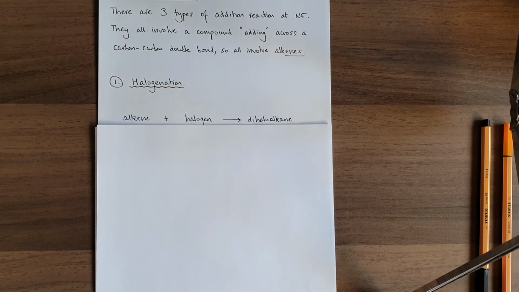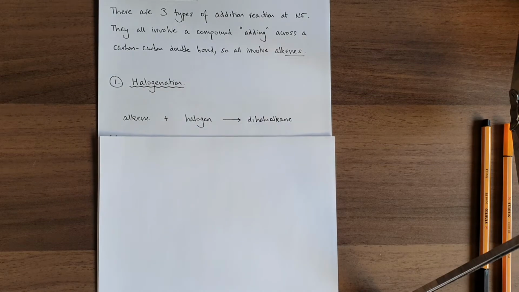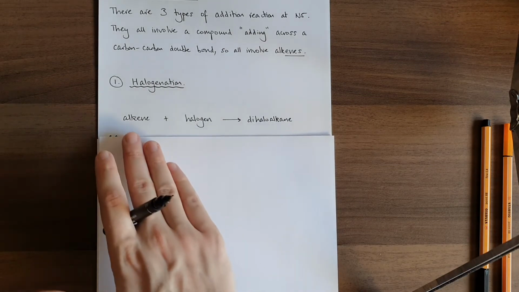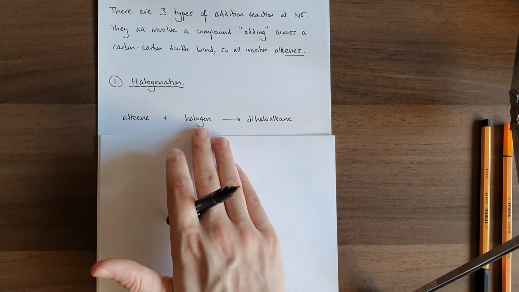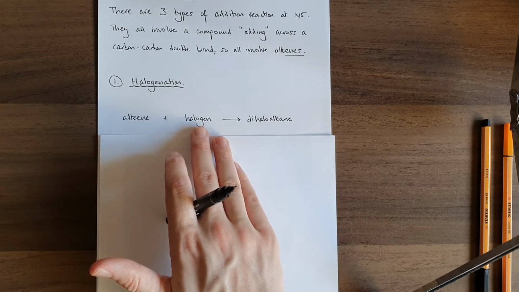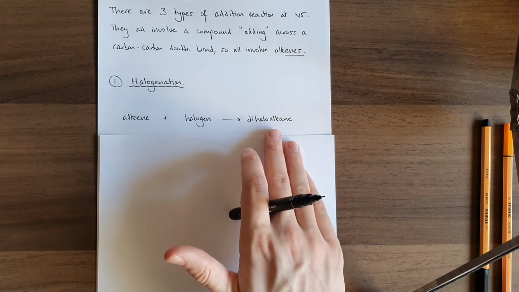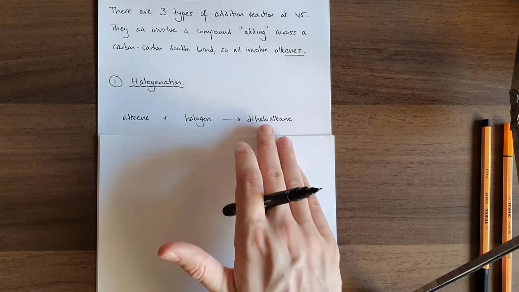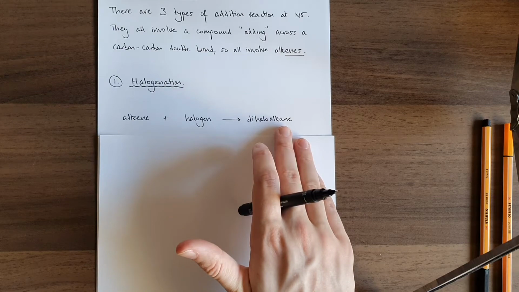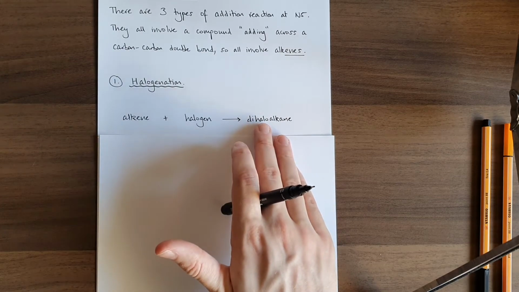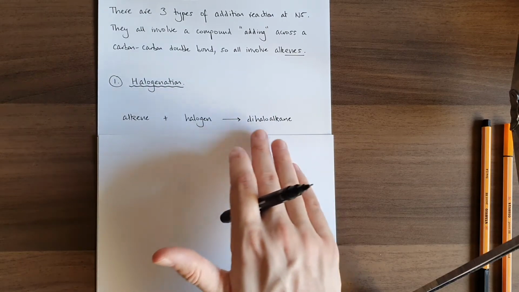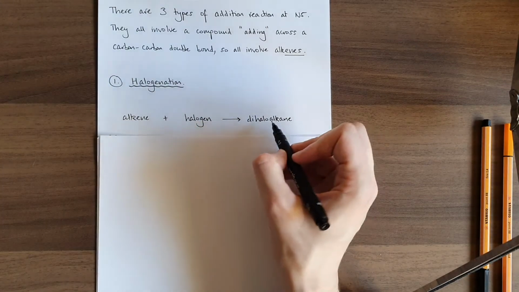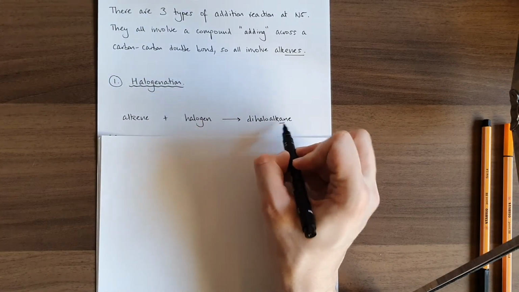So what we have is an alkene, because we have to have the double bond present, and we add any of our diatomic halogen molecules, and what we form always is some kind of dihaloalkane. All that means is 2 halogen atoms adding across an alkene to form a saturated compound, dihaloalkane, and you'll notice it changes from ene to ane as well.